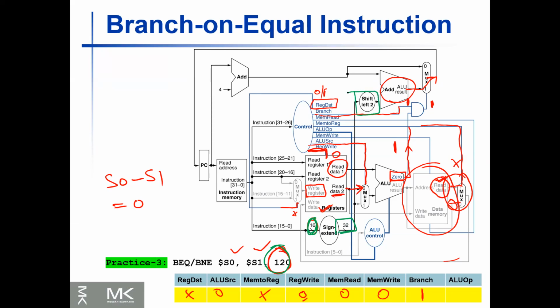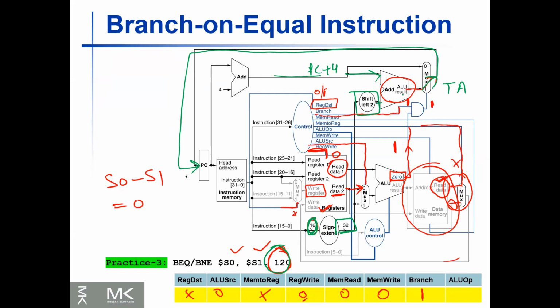Clear? And then PC plus 4 is coming from here. So PC plus 4 and this one will be added and it will generate your target address. And then the target address will be loaded in the PC. Getting the point? Yes, this is the way it will basically work.